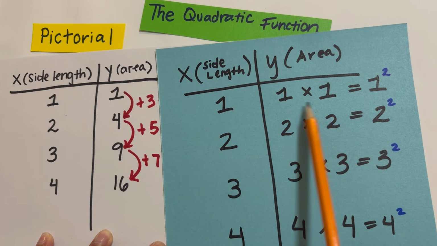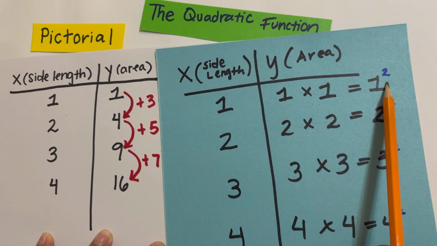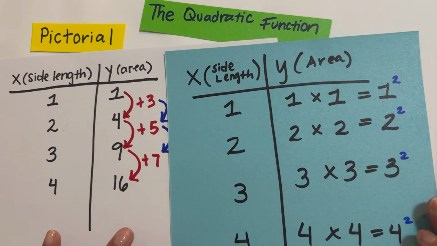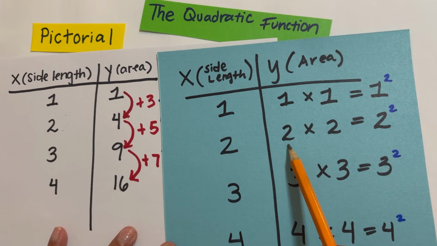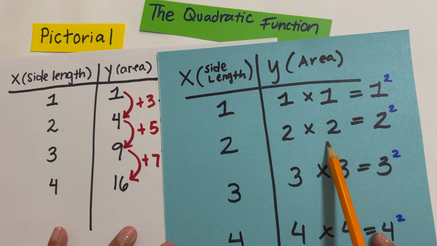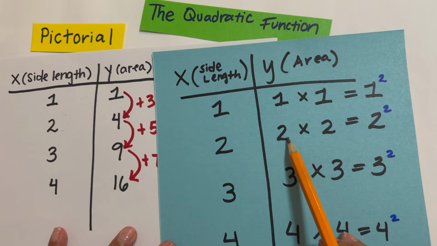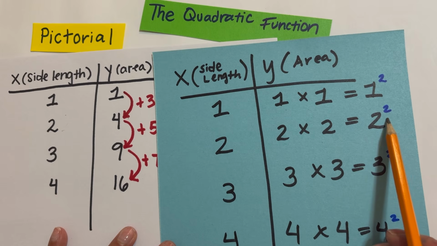We can also write 1 times 1 as 1 squared. When the side length was 2, the area was 4, because the length and the width of the square is 2. So 2 times 2 is 4. We can express that as 2 to the power of 2, because there are 2 2's, 2 squared.